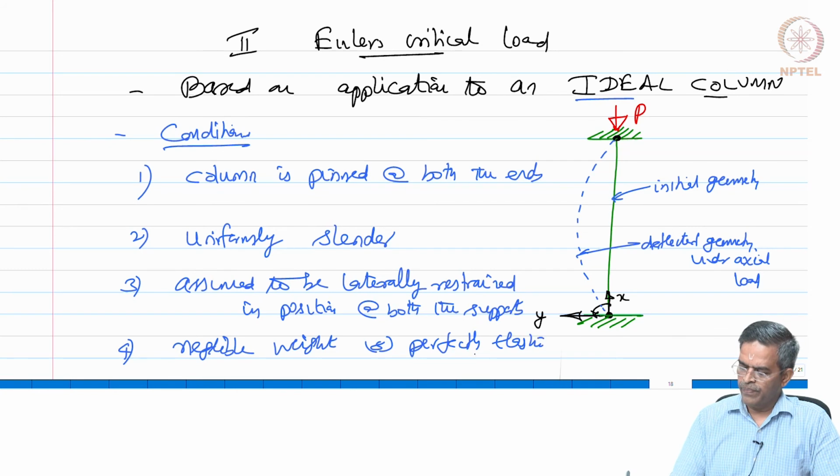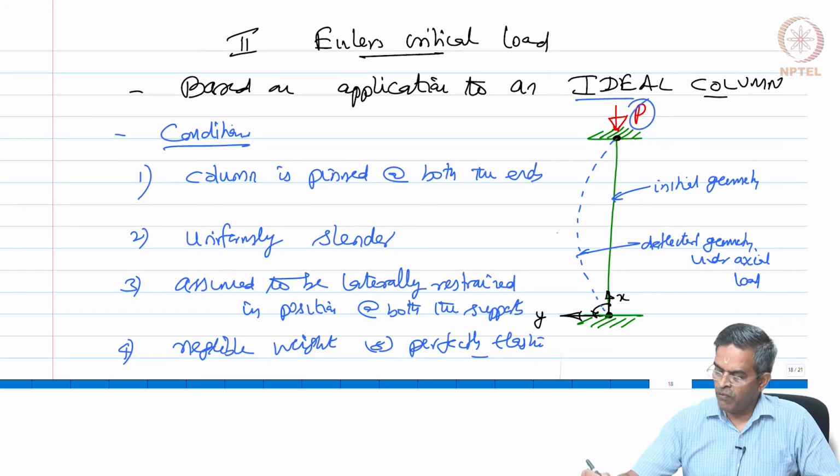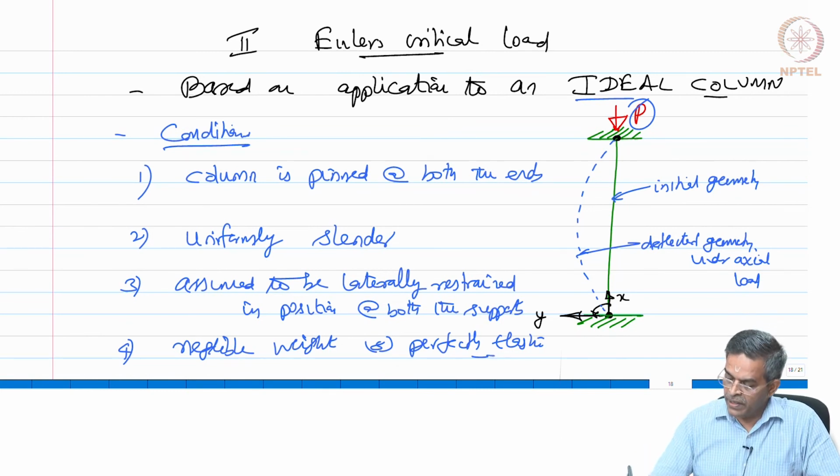What does it mean? Upon removal of this load P, the deflected profile of the column will reach its original geometry. It is not recentering, please understand, I am talking about the material here.